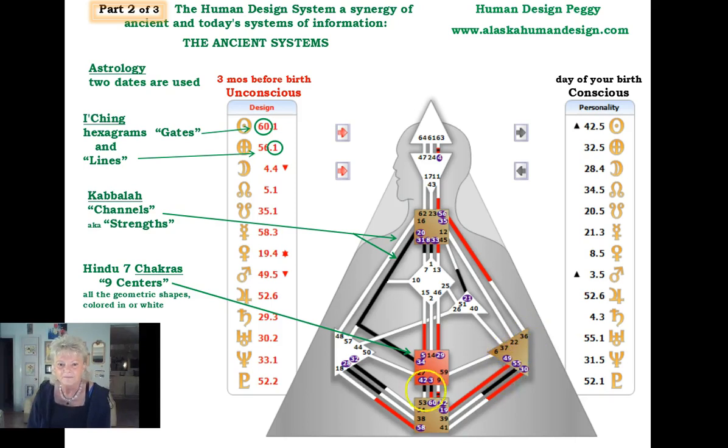And now look over here, and you can see that we've got half of a channel here and half of a channel here, but nothing's going all the way through. And so that's what's called an undefined center. It's open, it's undefined, and so are these other white centers. They're open to other people's energies.